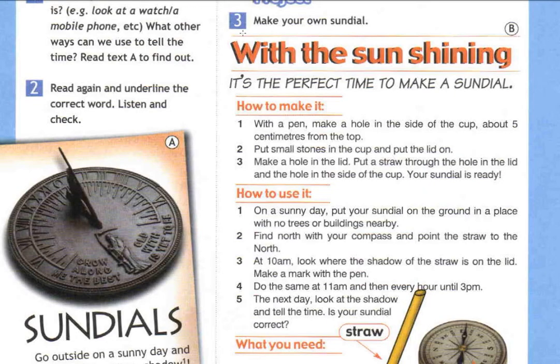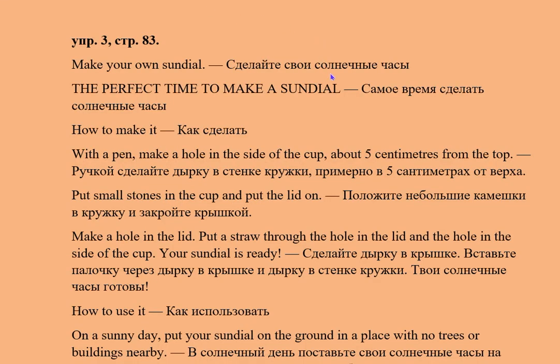My dear friends, we must do exercise number 3. Make your own sundial. Сделайте свои солнечные часы. The perfect time to make a sundial. How to make it? With a pen, make a hole in the side of the cup, about 5 centimeters from the top.